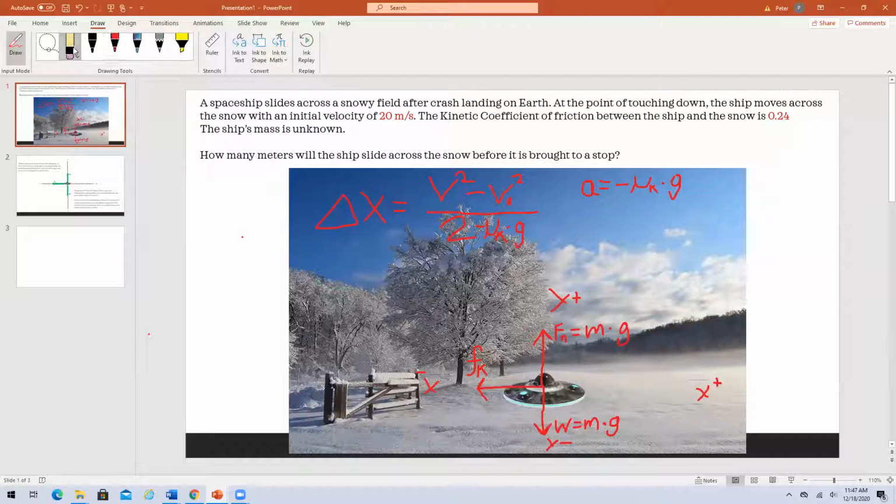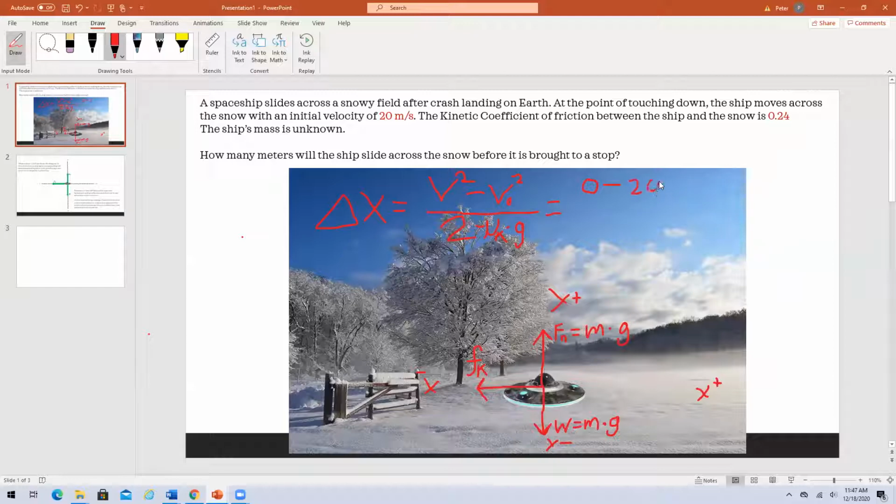So with that said, let me punch in some values here. Okay. So v squared is 0, correct? V naught squared, so we're going to get 20 meters per second.